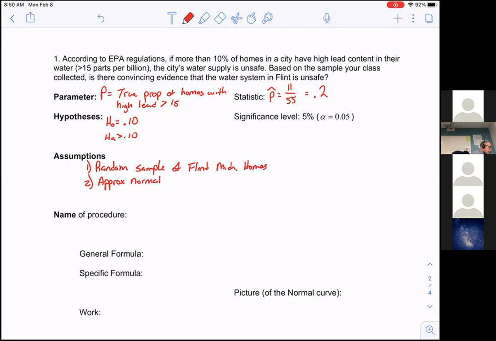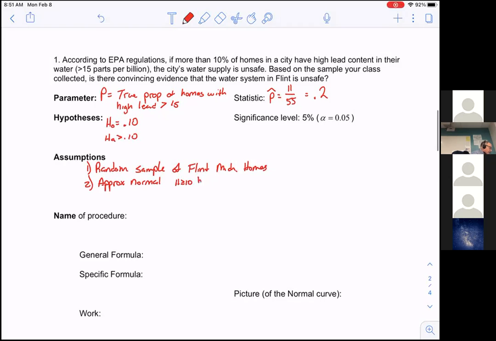And again, we're good there because we had 11, which is greater than or equal to 10, high lead, and then we had 44 low lead.